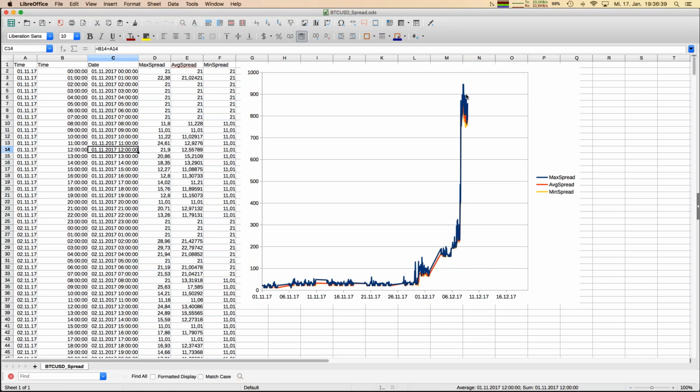And you see what happens in the last stage here, nearly 1,000 points spread. Compared to the DAX, a 1,000 points spread: you open a trade at 10,000 and instantly you are 1,000 points in the minus. Wow, what a story. I think nobody would trade the DAX anymore if we had a spread of 1,000.